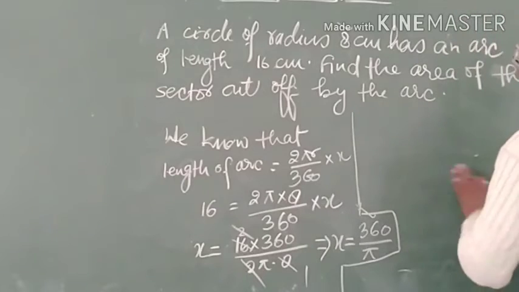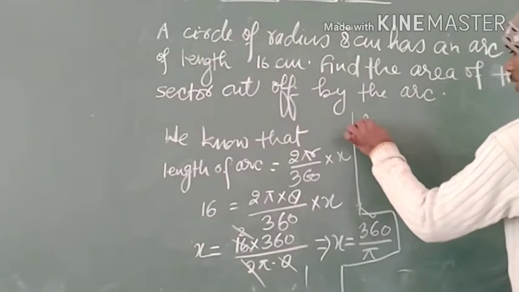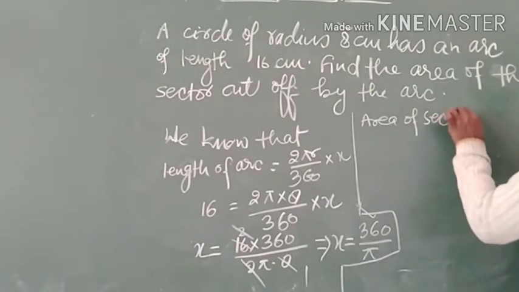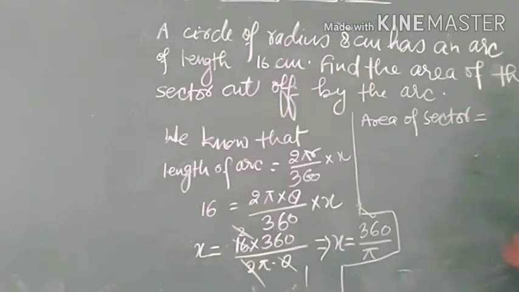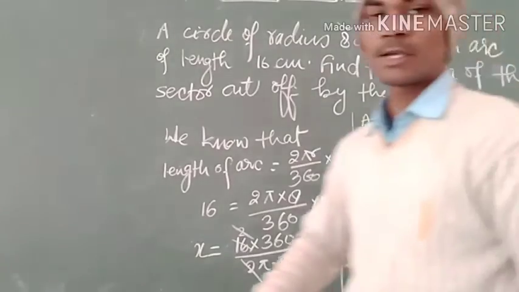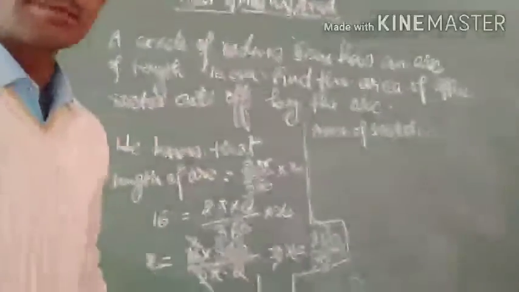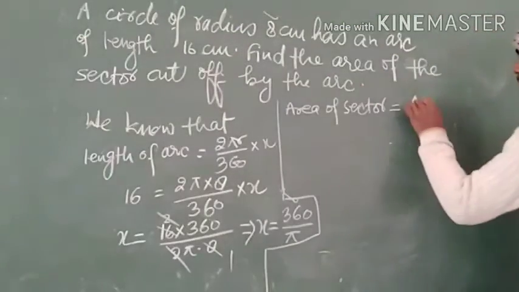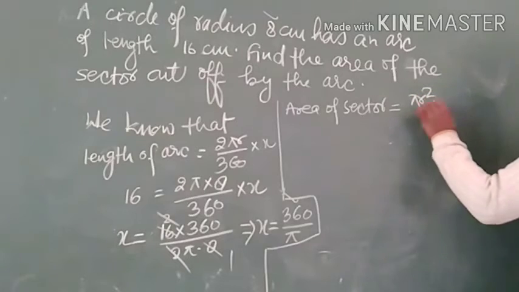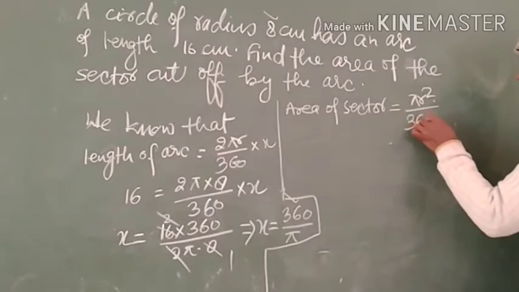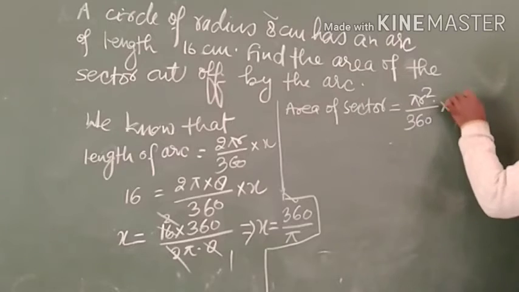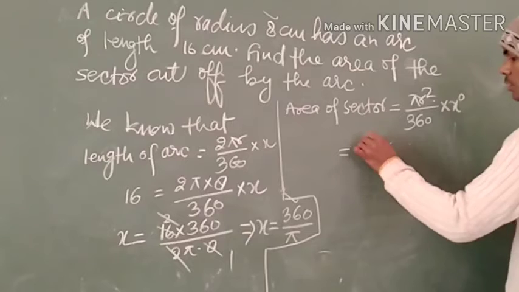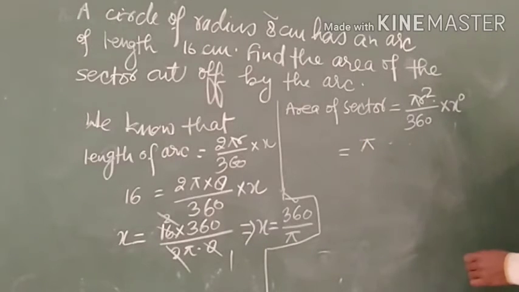So we shall write here area of sector is equal to pi r square upon 360 degree into x degree. Okay, now put the value. We shall get, leave pi as it is.